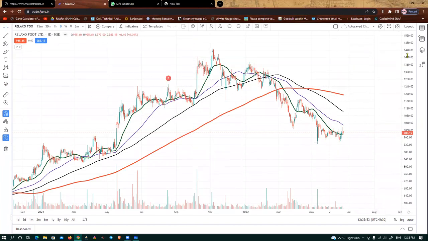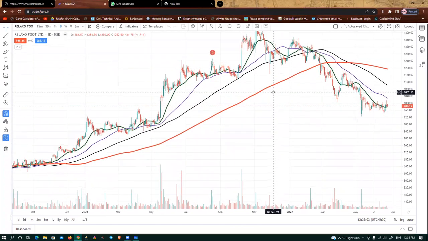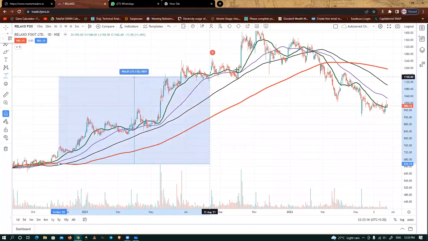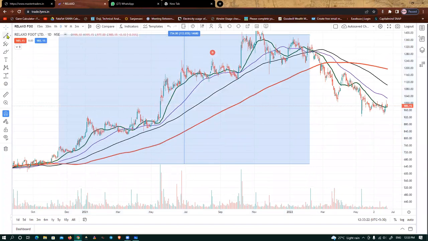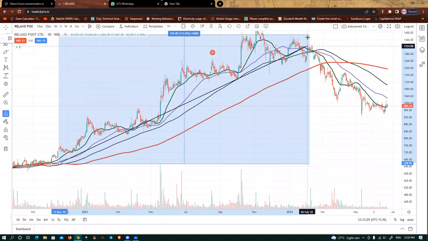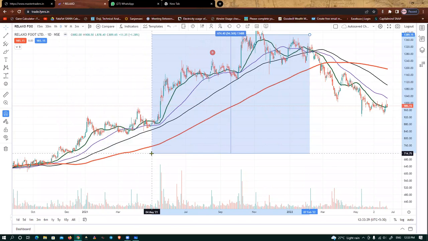So recently it turned bearish, in March.